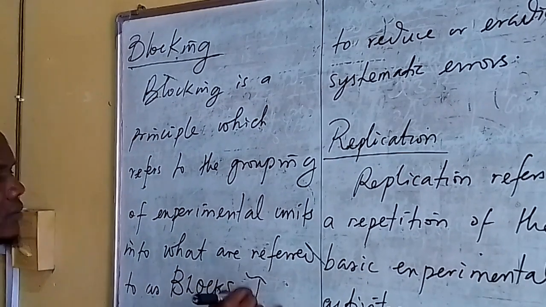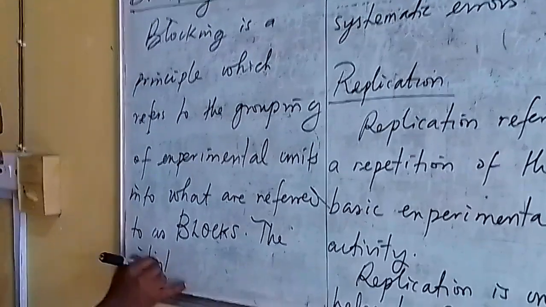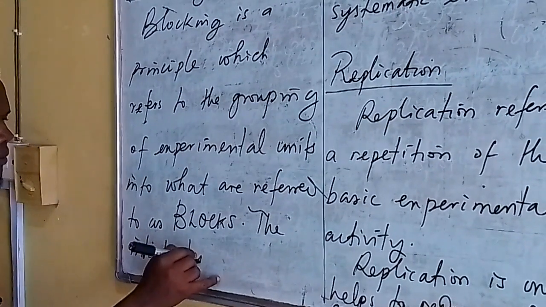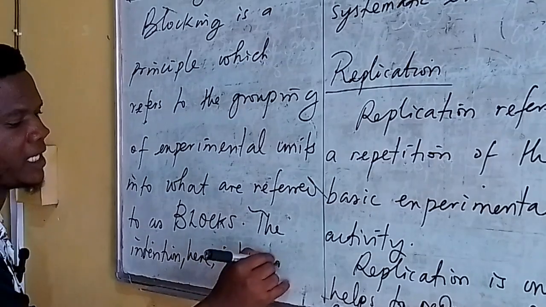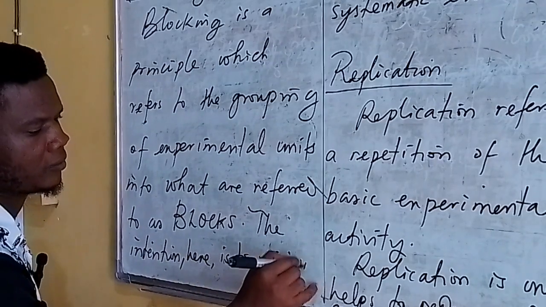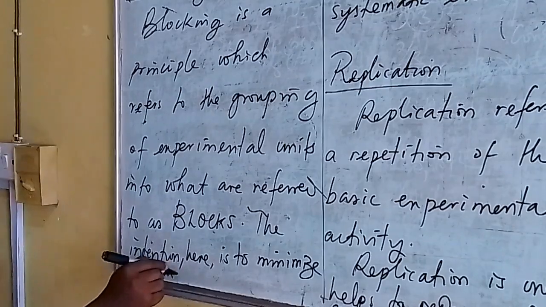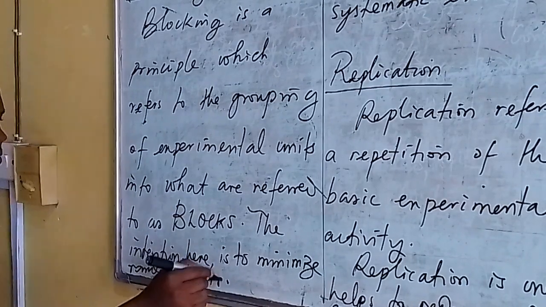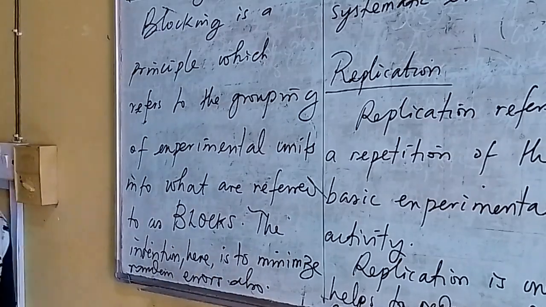The intention here is to minimize random errors. To minimize random errors also. Is it clear?